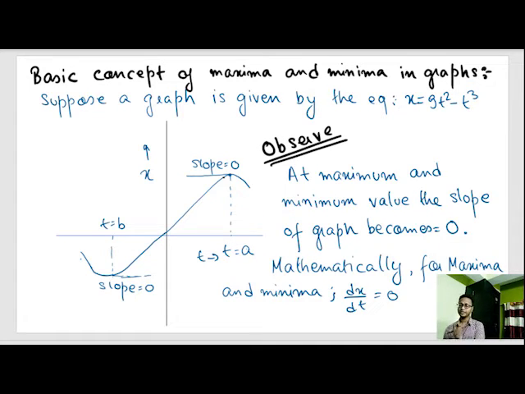So the best trick to solve this is need-to-know basis. You only need to know that for maxima or minima, you differentiate the graph and the slope becomes 0. When the slope becomes 0, that value is either maxima or minima, and the question will ask you for either maxima or minima. It won't ask you both at the same time. So you don't need to remember the double differentiation right now or in your curriculum.